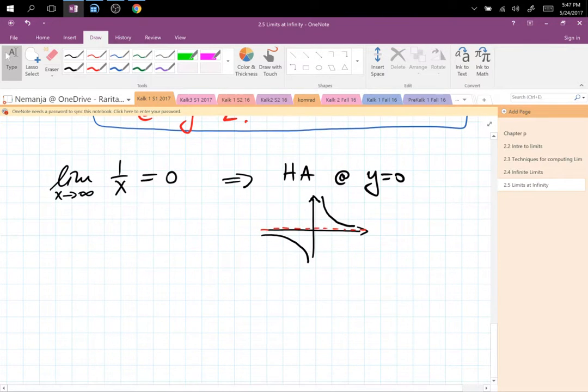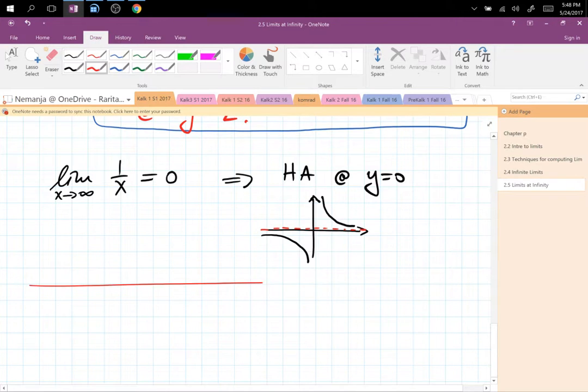Now, for this particular problem, it didn't really matter whether we use positive or negative infinity for the limit to go to. Positive or negative infinity, doesn't matter. But for some problems it will matter.